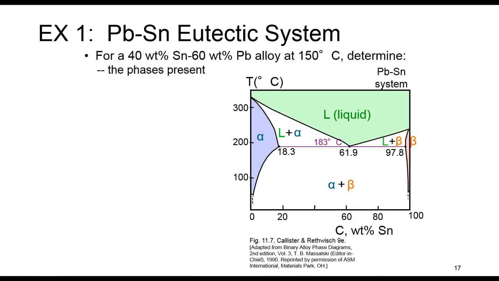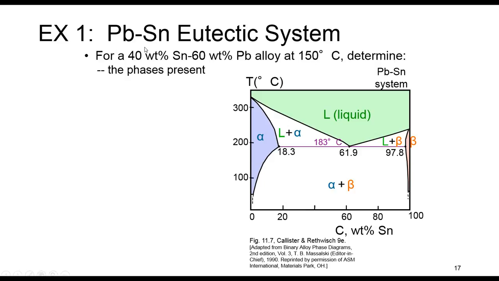Let's have a look at this system, which is a lead-tin eutectic system. Again we have a special composition with a minimum melting temperature. That's why it's a eutectic system. For a 40 weight percent tin and 60 weight percent lead alloy at 150 degrees Celsius, we want to determine the phases present.